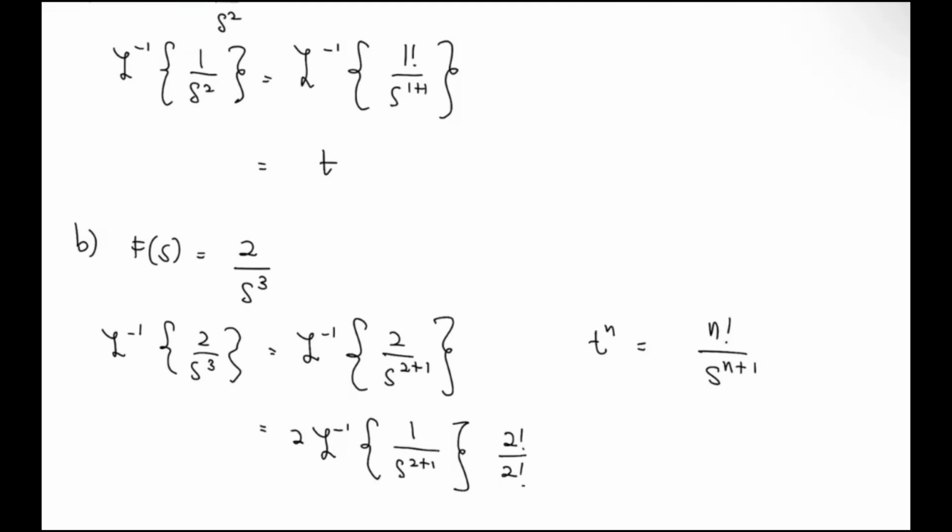Why? Because 2 factorial divided by 2 factorial is equal to 1. That means I didn't change anything, but I need to modify it so that this 2 factorial can go here, and this 2 factorial can go here.